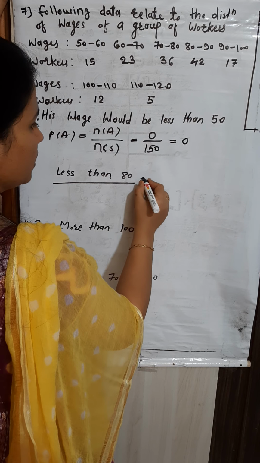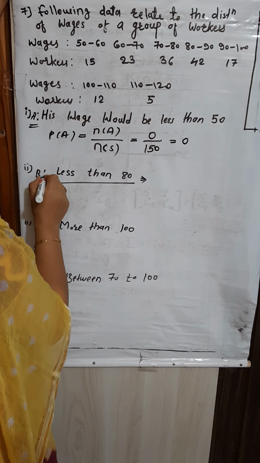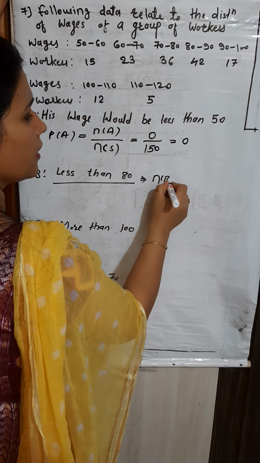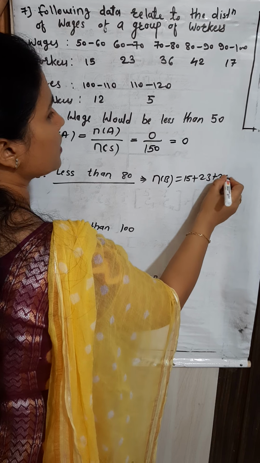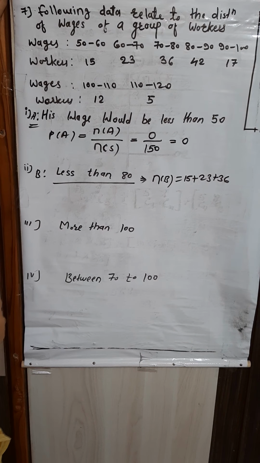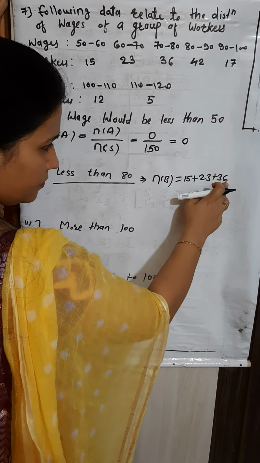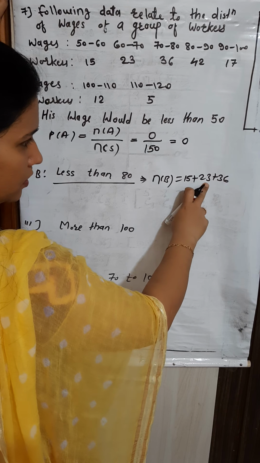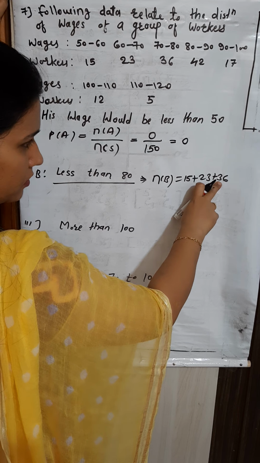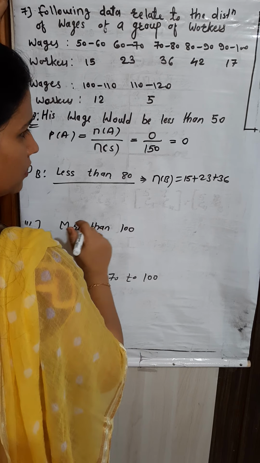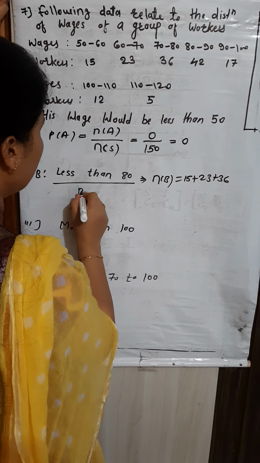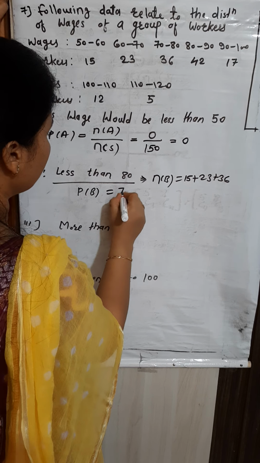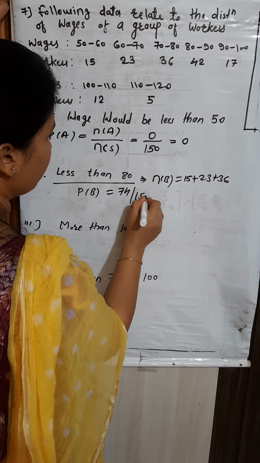This is the event B. So what is n of B? n of B is 15 plus 23 plus 36, so it will be 74. So the probability of event B is 74 by 150.